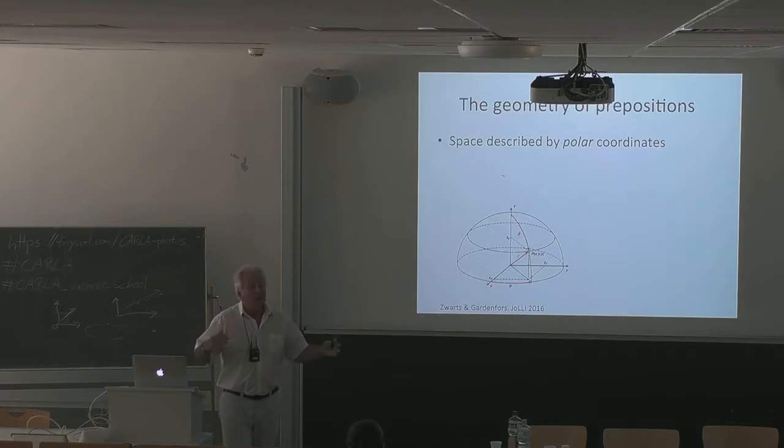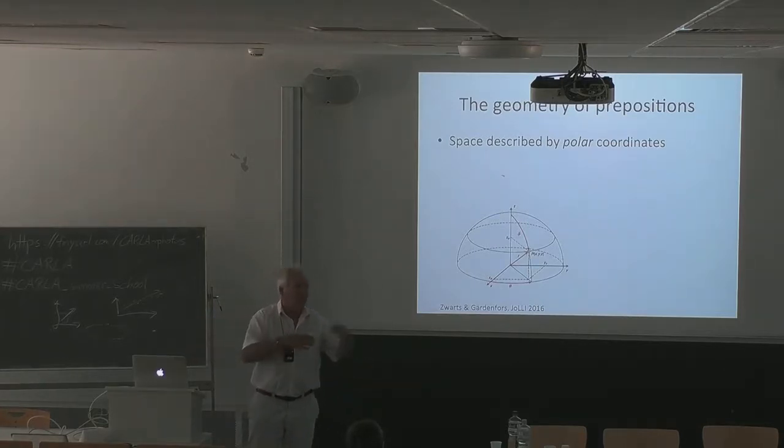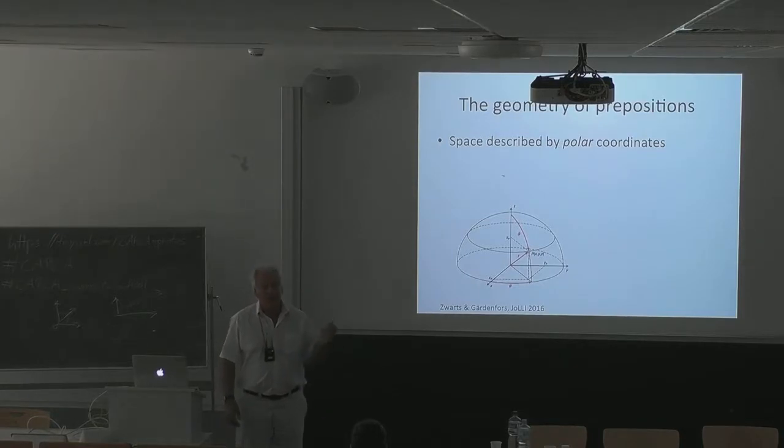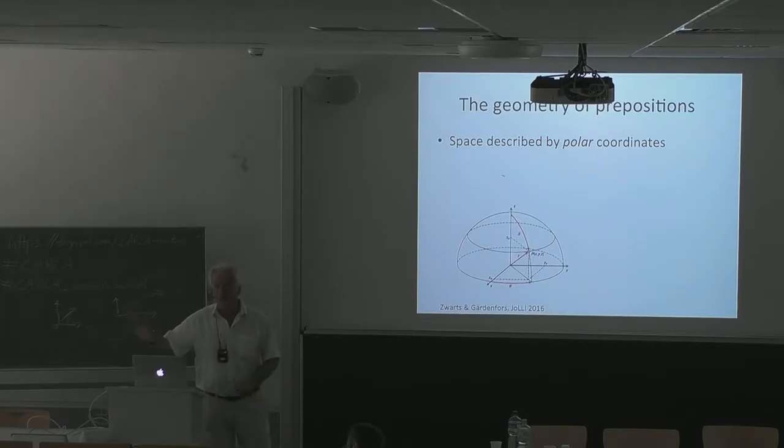In most cases I've been talking about, when I talked about Voronoi tessellations and so on, I've assumed that we have a Euclidean geometry with Cartesian coordinates in x and y and so on. But now I'm shifting, and I say that for prepositions, and actually for the CARLA space as well, you need to do convexity in terms of polar coordinates. And once you do that, you get a very systematic analysis of prepositions.